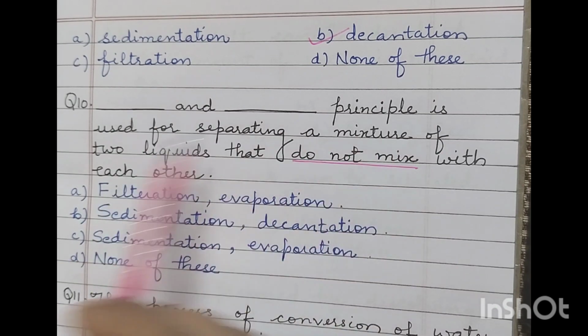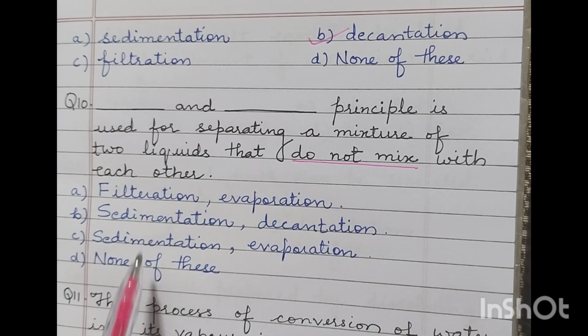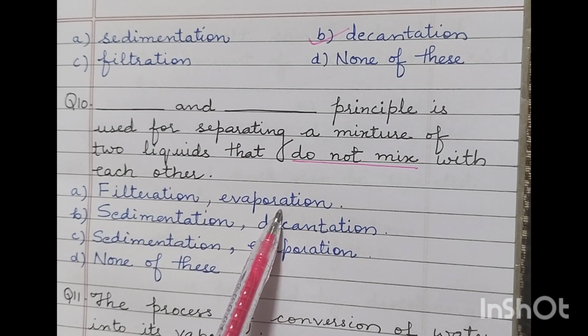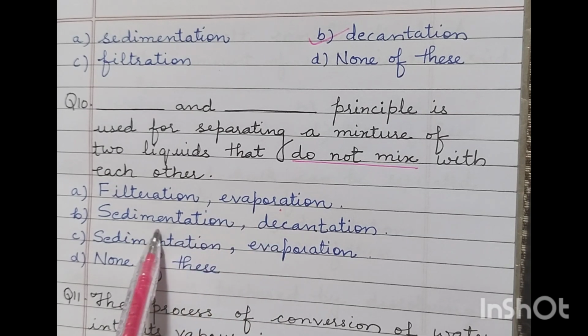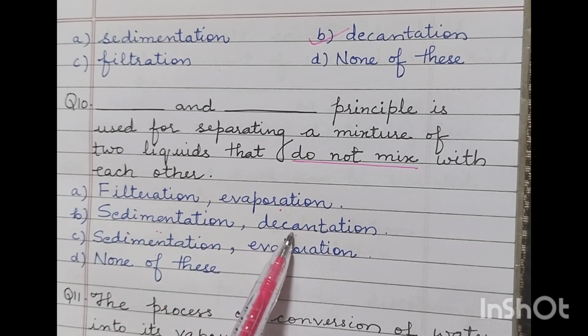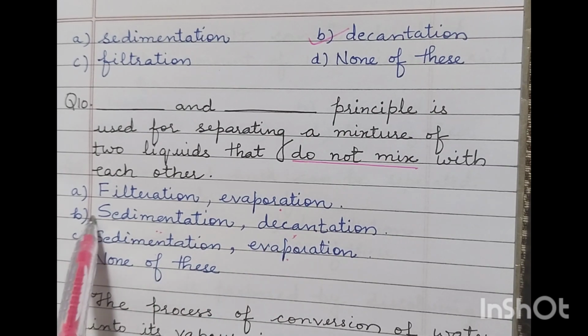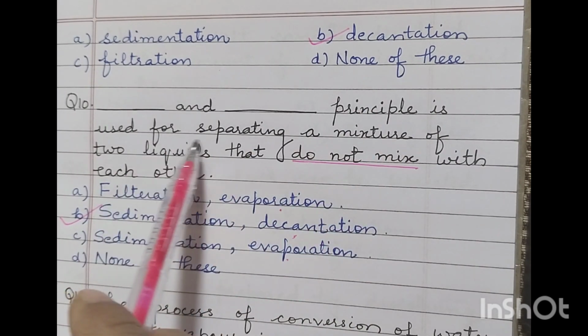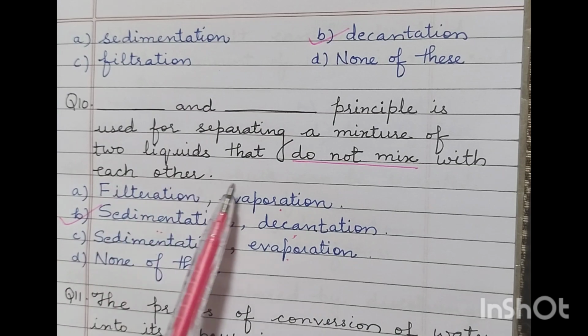The options are filtration and evaporation, sedimentation and decantation, sedimentation and evaporation, or none of these. So we know that the sedimentation and decantation principle is used for separating a mixture of two liquids.